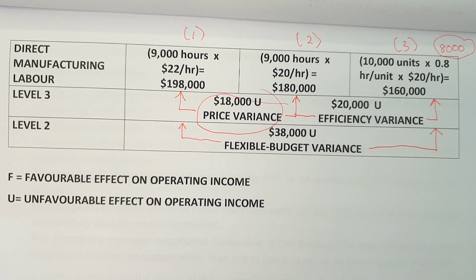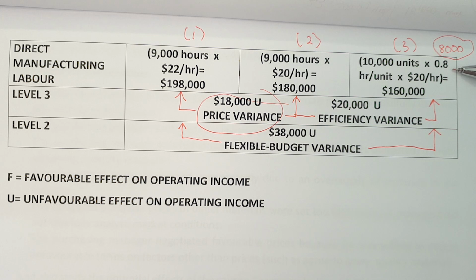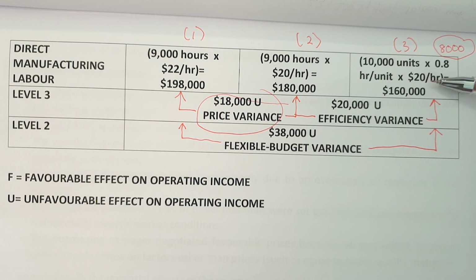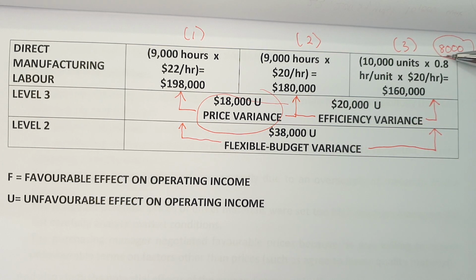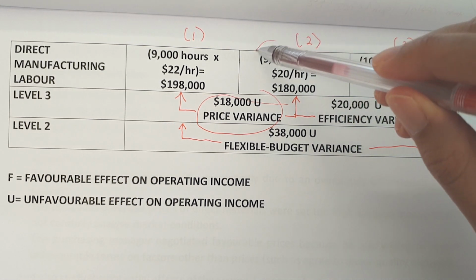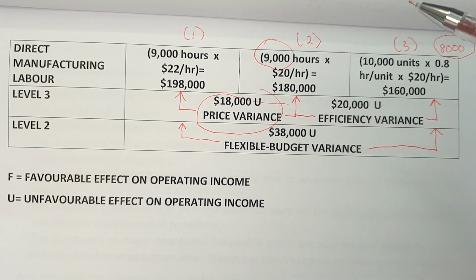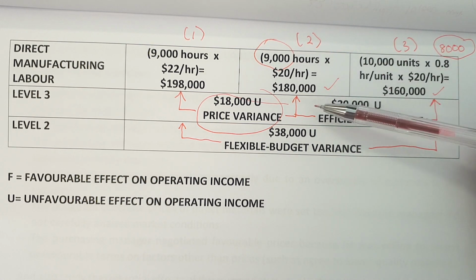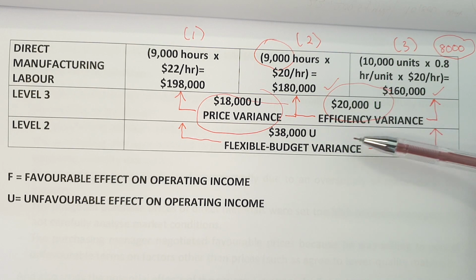By simple mathematics, we want to produce 10,000 units, and each unit uses 0.8 hours, so we need 8,000 hours times the budgeted price. But in reality, it did not happen. We need more than 8,000; we use up to 9,000. If we calculate this, we get 180,000, and this one is 160,000, which means column 2 is higher. The actual is higher than the budgeted and will lead to an efficiency variance of 20,000, an unfavorable efficiency variance.